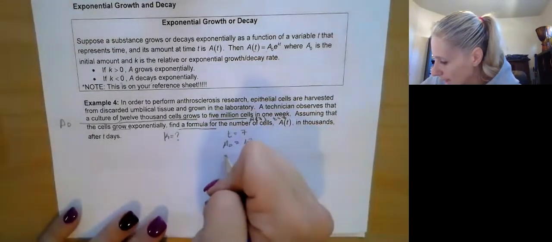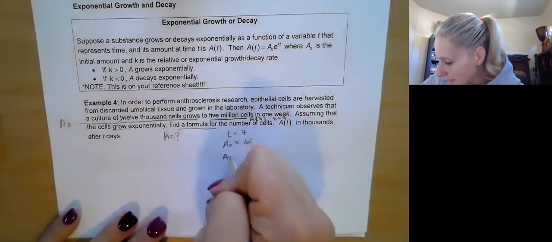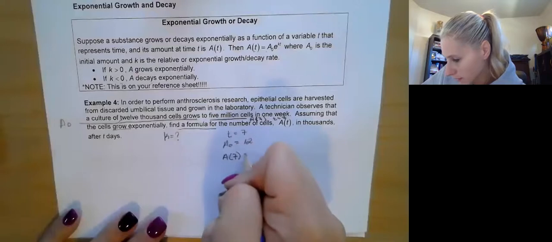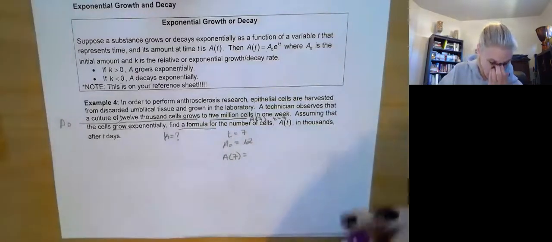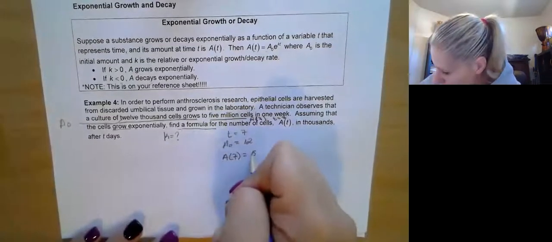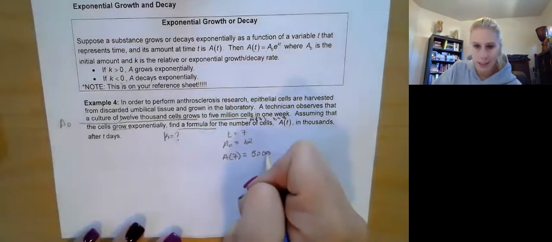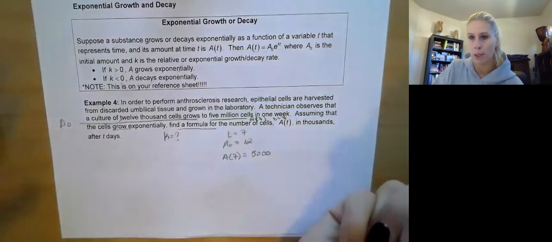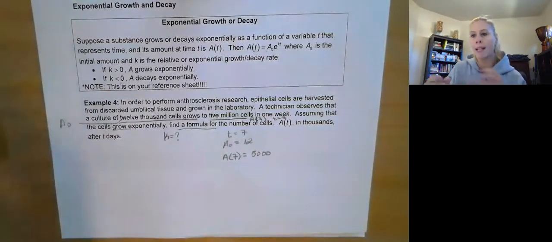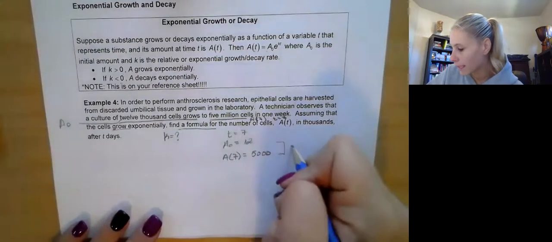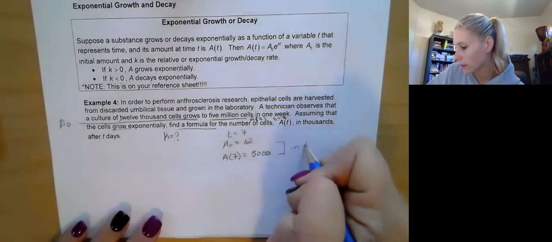And that means that A of T, which is A of 7, equals 5,000. Okay, think of this. I took away 3 zeros, so I'm going to take away 3 zeros from the 5 million. That just cuts down writing and making sure I don't miss zeros. Okay, so let's keep in mind that this is in thousands.